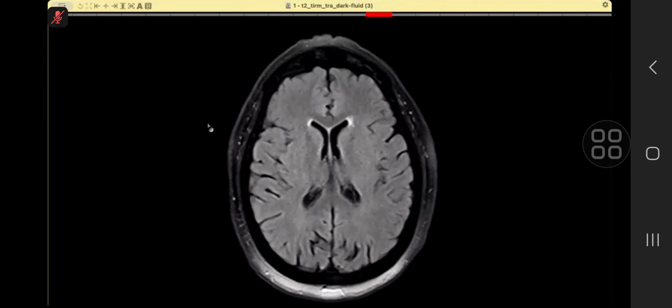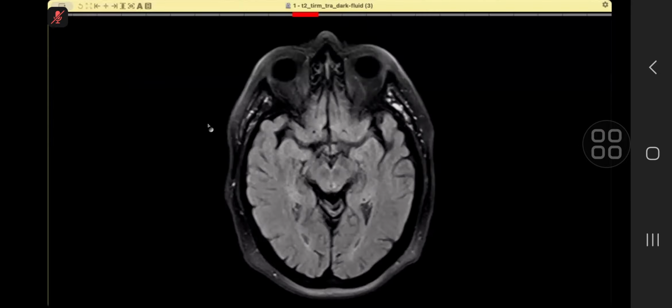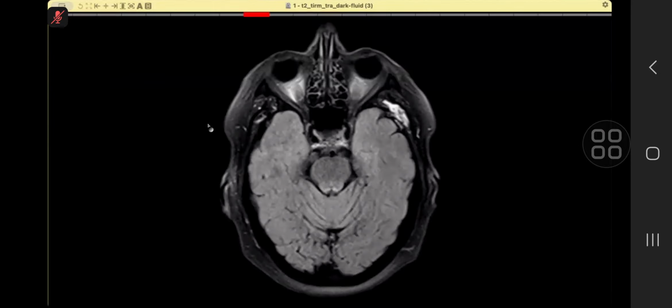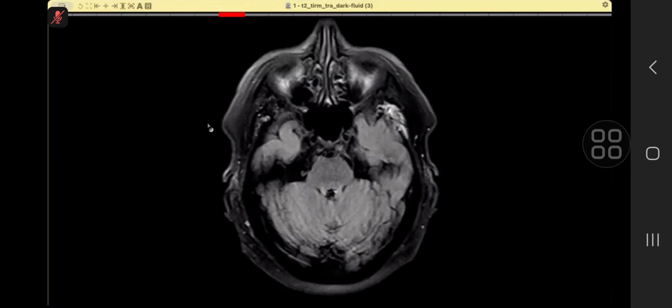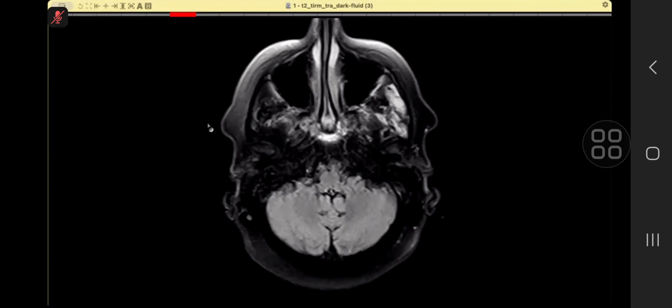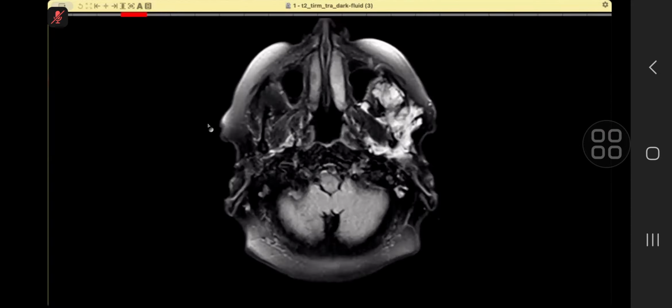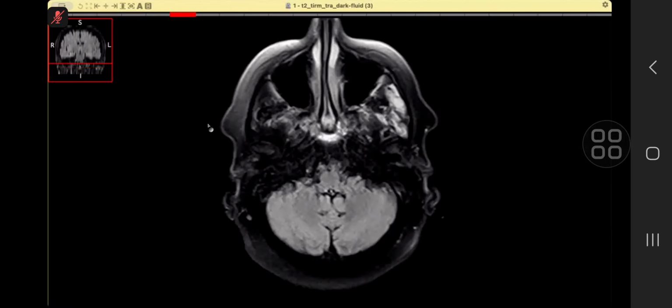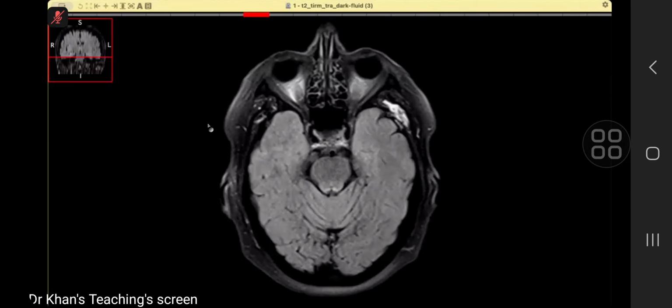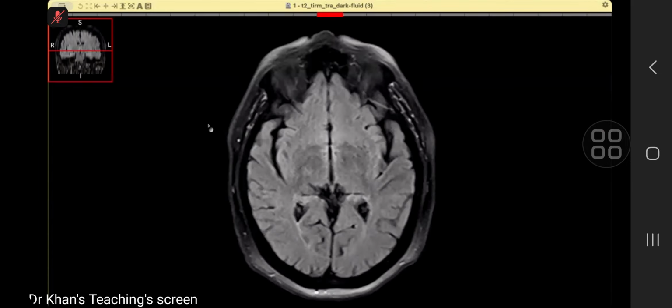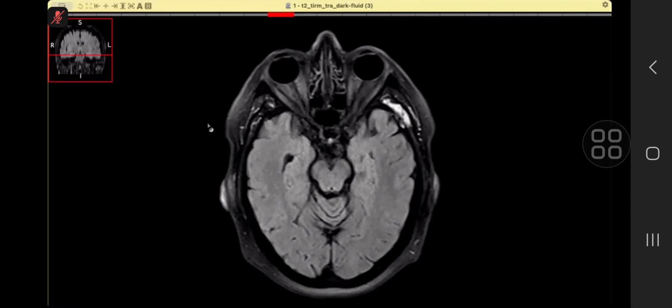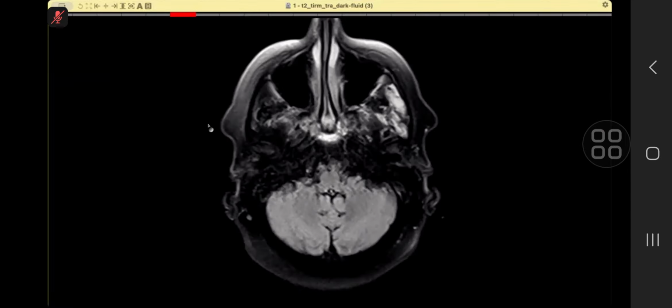Yes. So looking at the images, I'm not able to appreciate any significant pathology in these. Madam, look at base of skull. Hint. Okay.